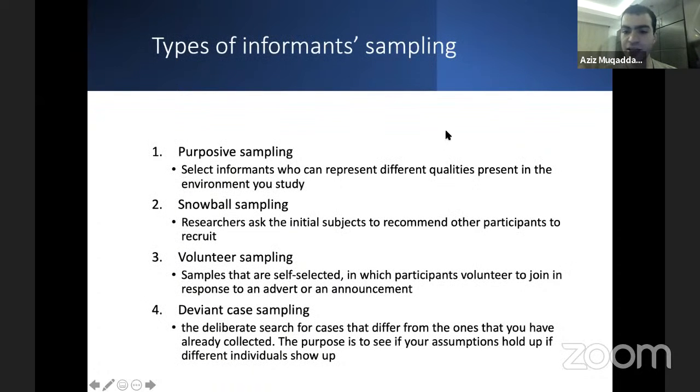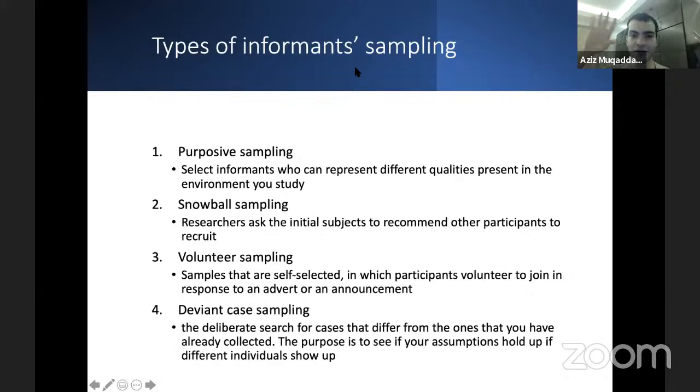And related to this idea, how do we sample or recruit participants for ethnographic research? We're going to talk more in detail about sampling when we talk about surveys, but just very quickly, and we're going to go back to these slides on Friday.